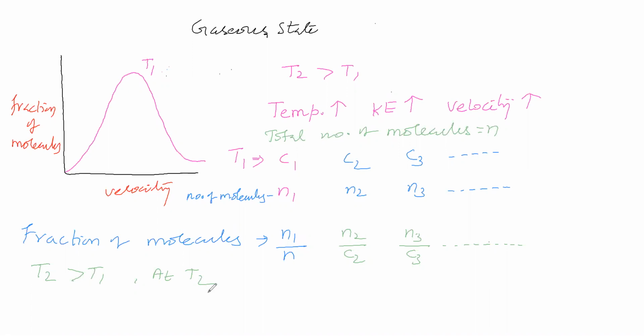Now, if we increase the temperature, what happens to the velocity of molecules? It increases. So from here, some of the molecules will go to the higher velocity side. If you increase the temperature, what happens?